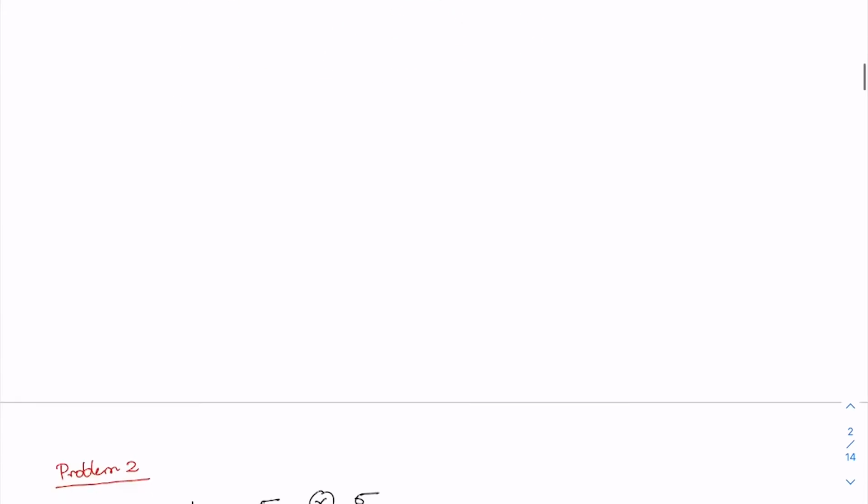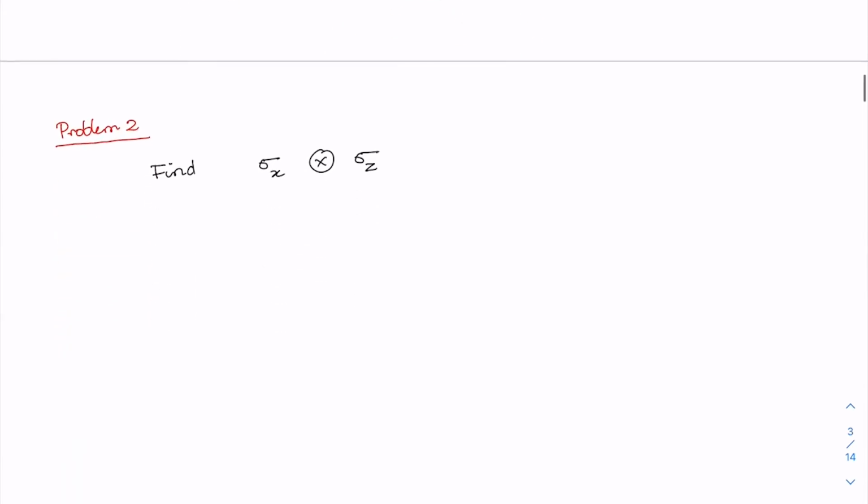Okay, now let us work out this particular problem. Here you have to find out sigma x cross sigma z. This is basically the tensor product between two matrices. Just let me quickly remind you about what the tensor product is.